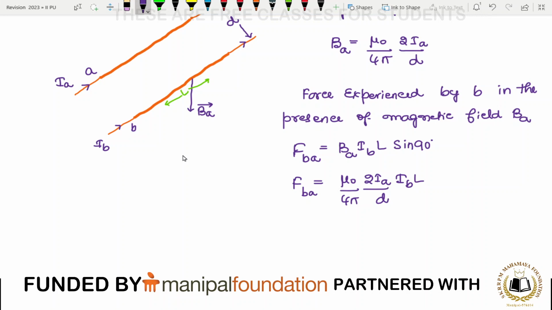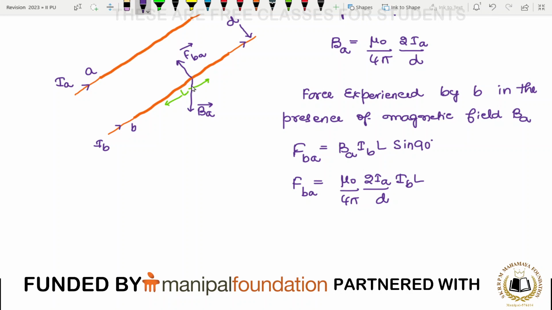So this is the force experienced by the second conductor B in the magnetic field of the first one. The direction of that force comes somewhere here by applying Fleming's left hand rule. That is the FBA vector, the direction of force experienced by B.